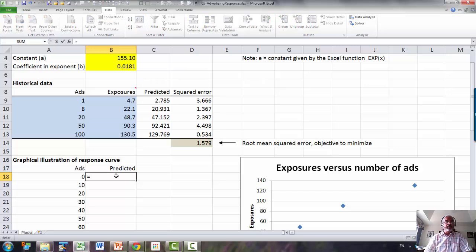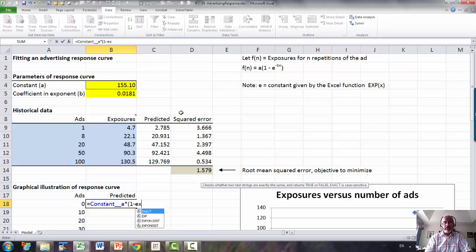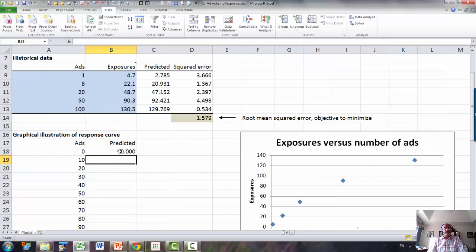So predicted would be A times (1 minus exp of minus B times the number of ads), and then we need one more right parenthesis. If we run no ads, we're going to have no exposures.